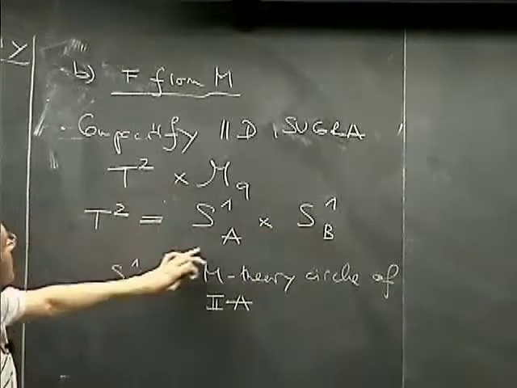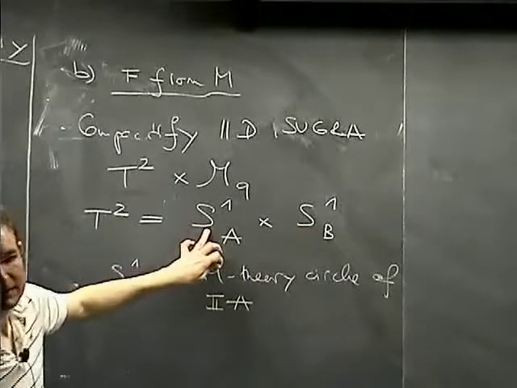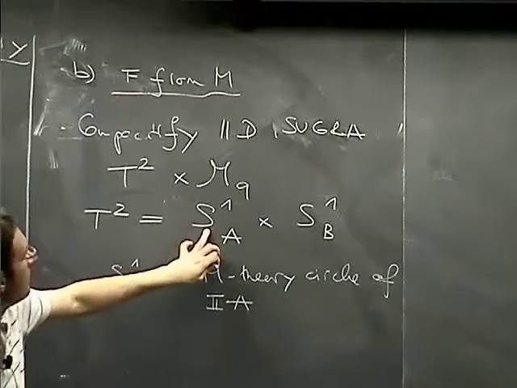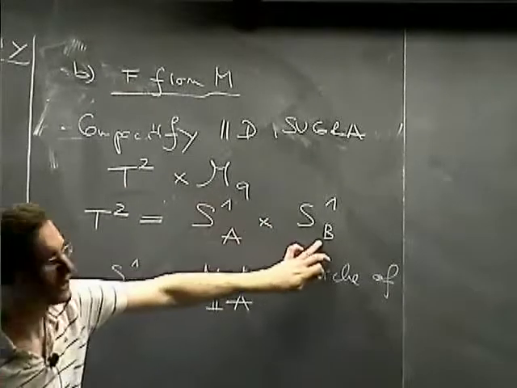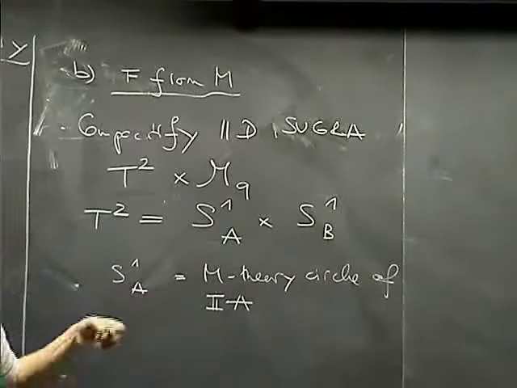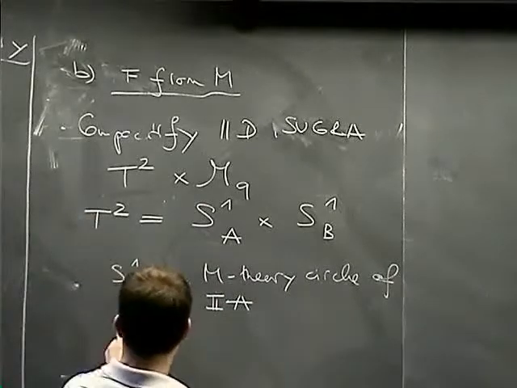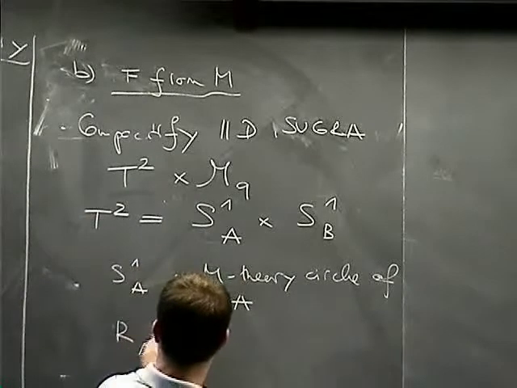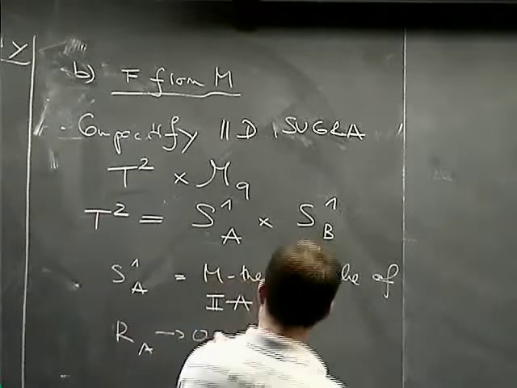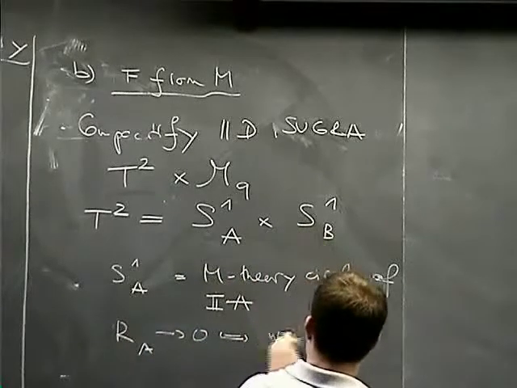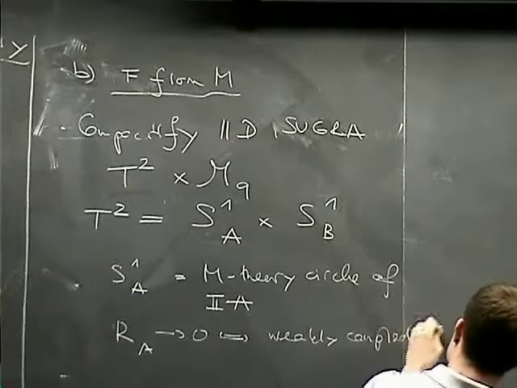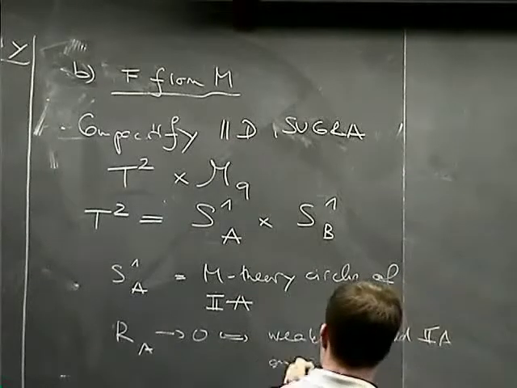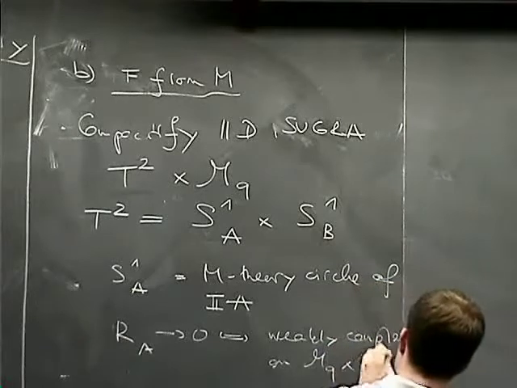So we take the radius of S^1_A to be small, so that we get type 2A on M9 times S^1_B with small coupling. So R_A goes to 0 means we have weakly coupled type 2A on M9 times S^1_B.